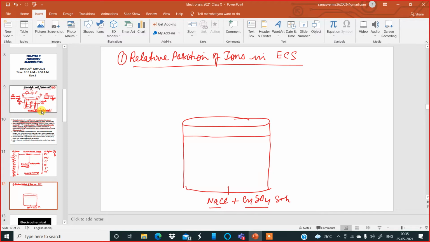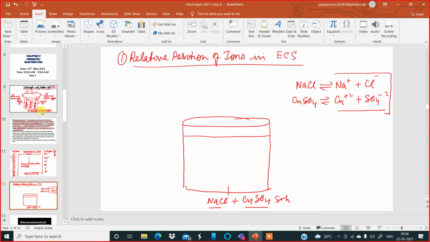Sodium chloride, when put in water, will dissociate to give Na+ and Cl−. The other salt, copper sulfate, if put in water, will dissociate to give Cu2+ and SO4 2−. So these are the ions present in this electrolytic solution.